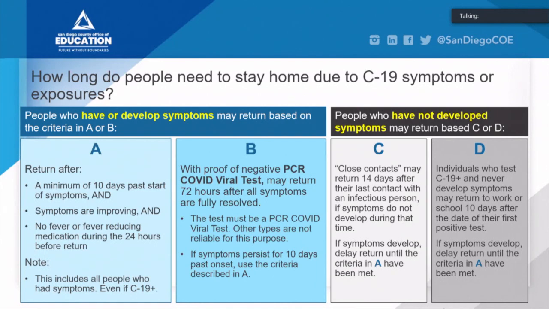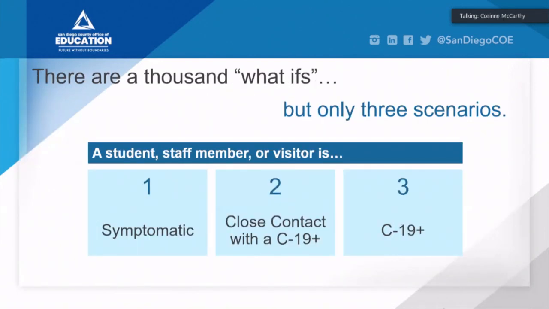That's it. So I know there are a million what ifs, and you've probably been hit with a ton of them. But when we really look closely, there are only 3 scenarios that schools need to be concerned about.